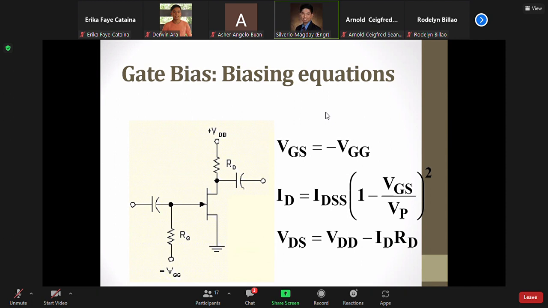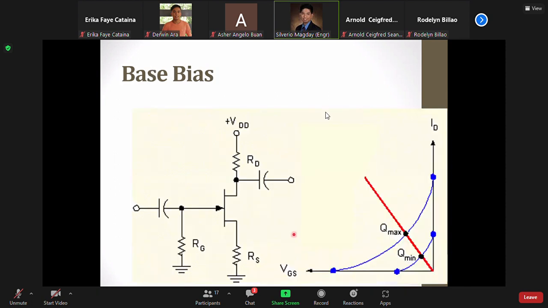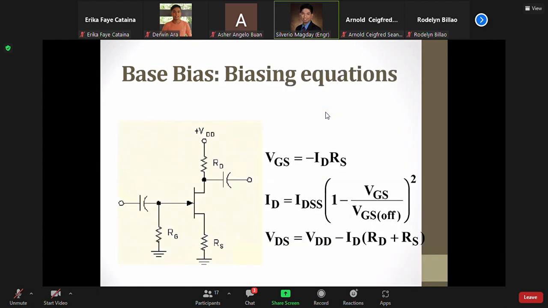Ganun lang. Pag base bias naman, yung base yung na-apply natin ng external sources along to the base bias. Ayan, ito yung configuration. So we have meron dun sa gate, meron din dito sa source, then meron din dun sa drain. Taking now the equations, ID is solved ulit for this, yung Shockley equation.